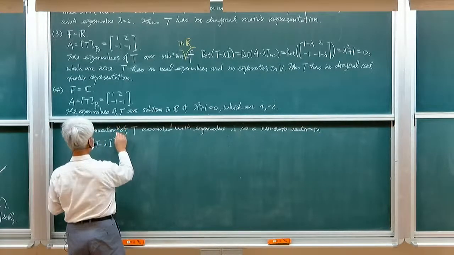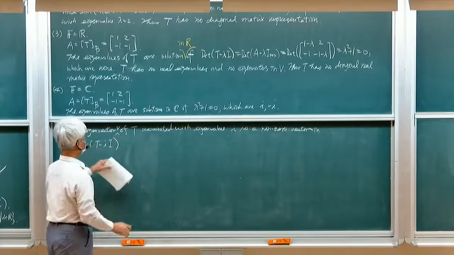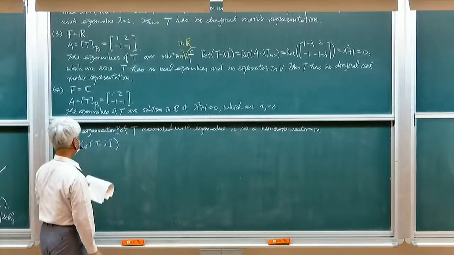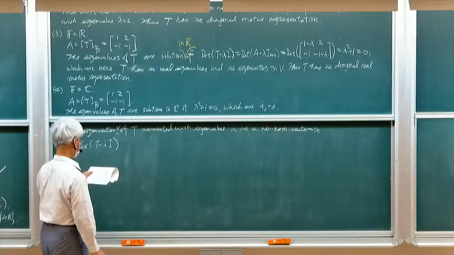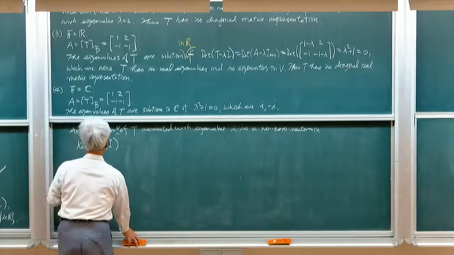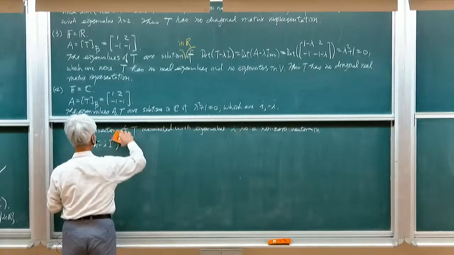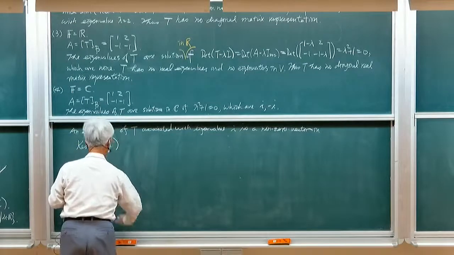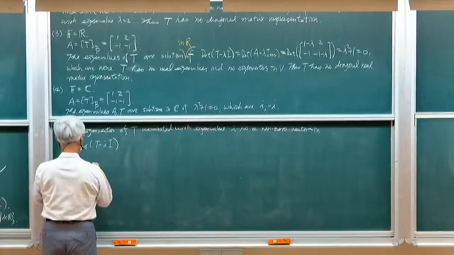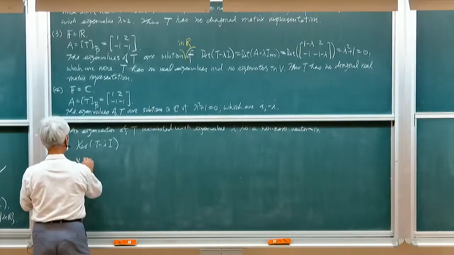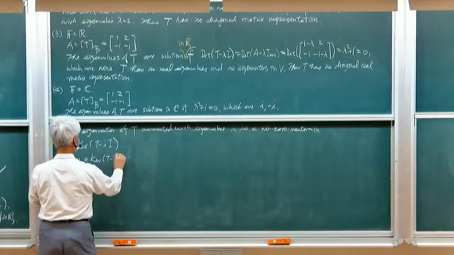So suppose we have an eigenvector V, right? And so we have to solve. So now V is in the kernel of T minus iI.